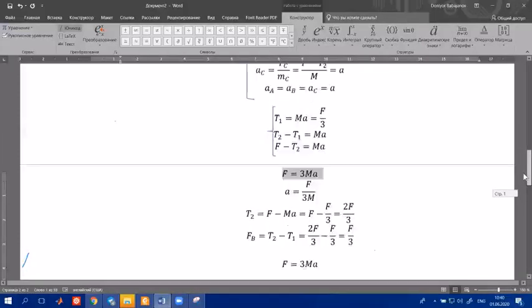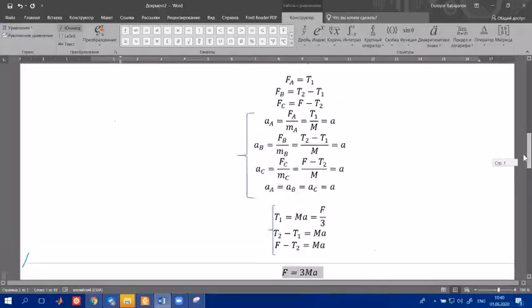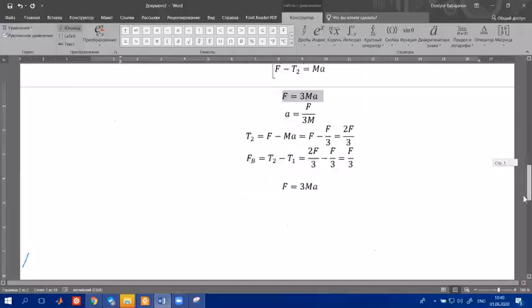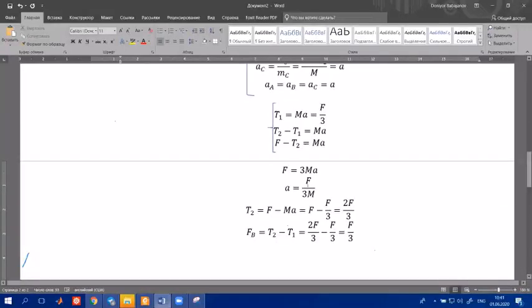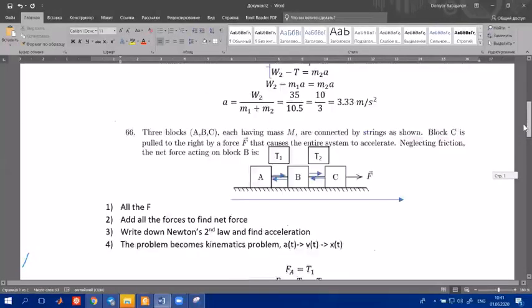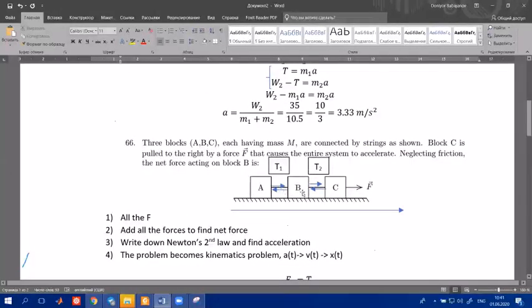In the first method, we did it by solving the system of equations, but after understanding that method, now you can easily understand the second method. And from here, you can quickly find acceleration, as we did here. F divided by 3m.